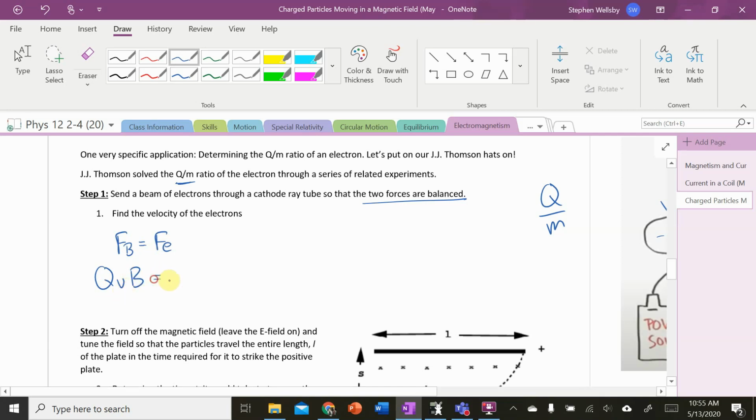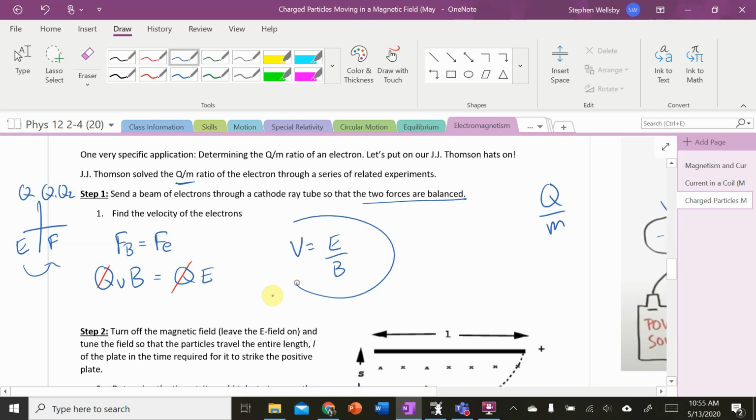So this QVB is going to equal our electric force, and we know our electric force is just Q times E. If we look at our square, here's E, here's F, and these ones have Q. So we have to multiply E by Q to get our F. You'll notice right away these Q's are going to cancel. So if I want to find out my V, it's going to be E over B. That is formula number 1 that we're going to use for our subsequent calculations.